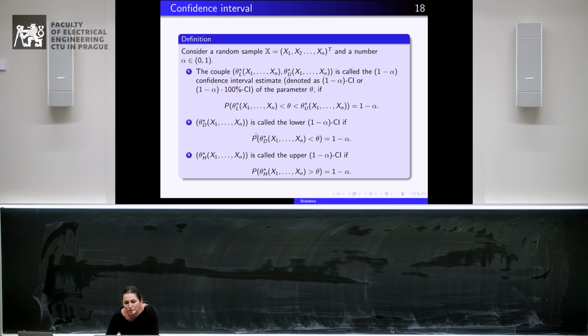We can construct also the lower interval, which is one number, where this number is less than the parameter with the given probability 1 minus alpha, and the upper interval.